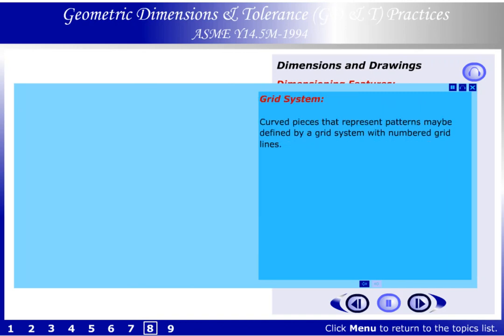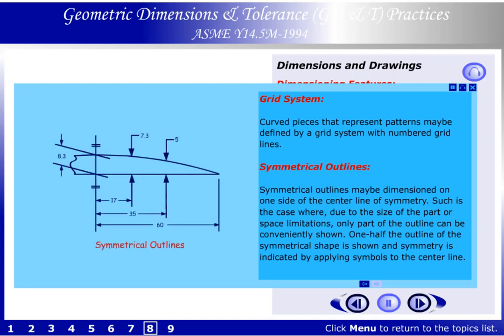Grid system. Curved pieces that represent patterns may be defined by a grid system with numbered grid lines. Symmetrical outlines. Symmetrical outlines may be dimensioned on one side of the center line of symmetry.